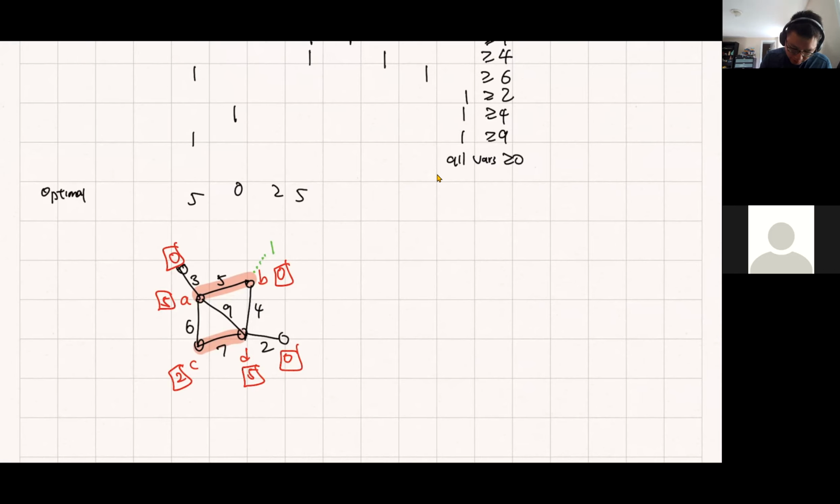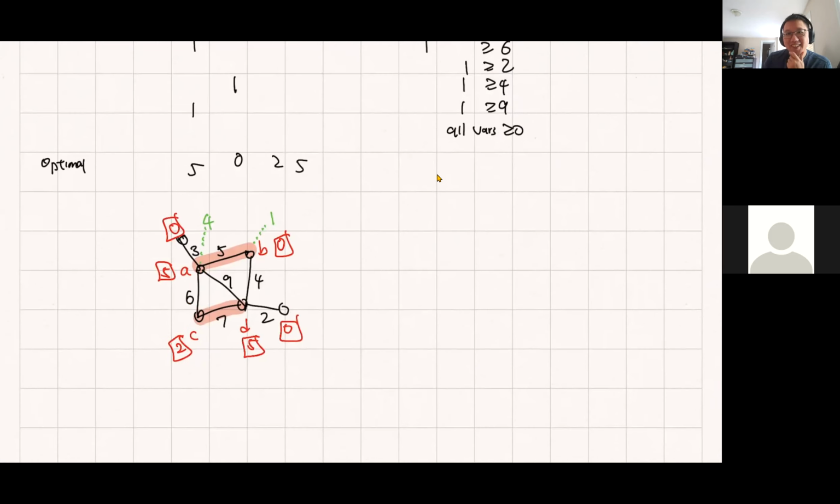The outside option here is max of 3, 4, or 4. So the outside option here is 4. That doesn't check out. The outside option here is just 1.